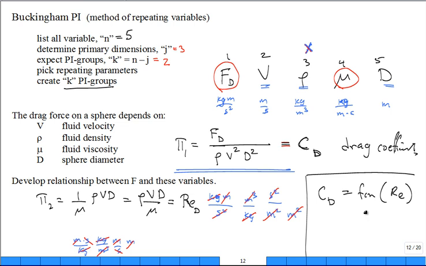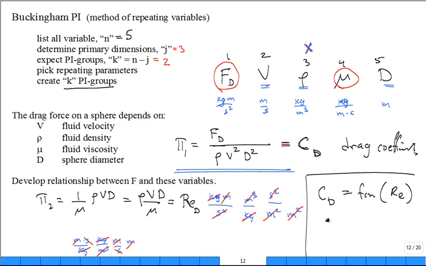That's it. It's kind of like one to one. Give me the Reynolds number, I'll give you the drag coefficient for a sphere. Right? For a smooth sphere. Not a heavily dimpled or rumpled up sphere. All right?